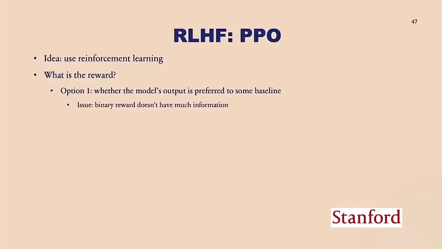So now it's a binary reward. The problem with binary reward is that it's very sparse, and you don't get much information out of it. Maybe your answer was slightly better, maybe it was way better, and you don't really know from this how much better it was. So option 2 is that you can train what we call a reward model, which is simply a classifier. So you use machine learning to classify how much better two outputs are from the perspective of the human.